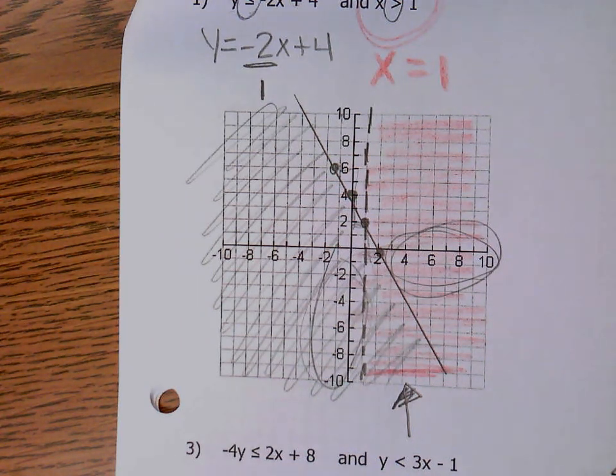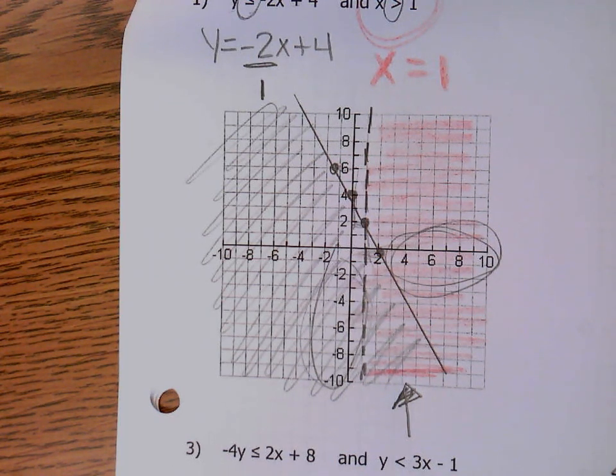Let's do a check for understanding. Can someone tell me one coordinate that lies in the feasible region, the solution region? Give me a coordinate, x comma y. No, because 8, 6 is up here. I want a coordinate in the solution region.